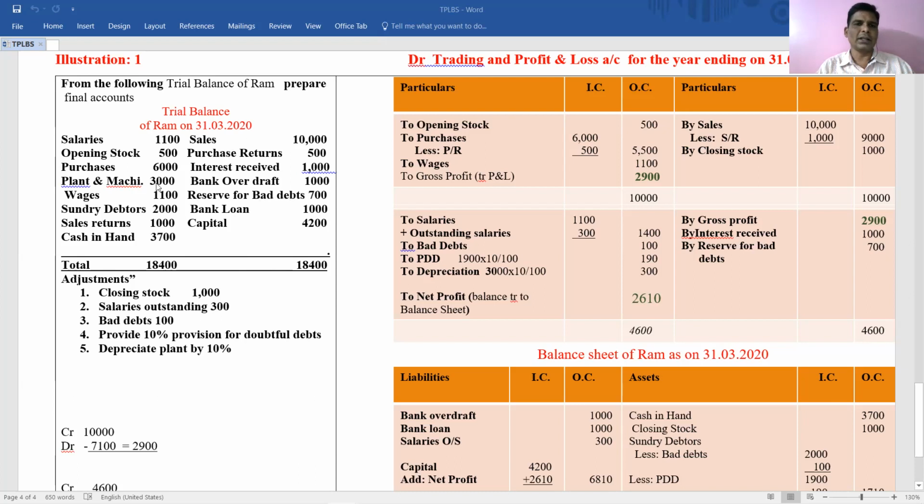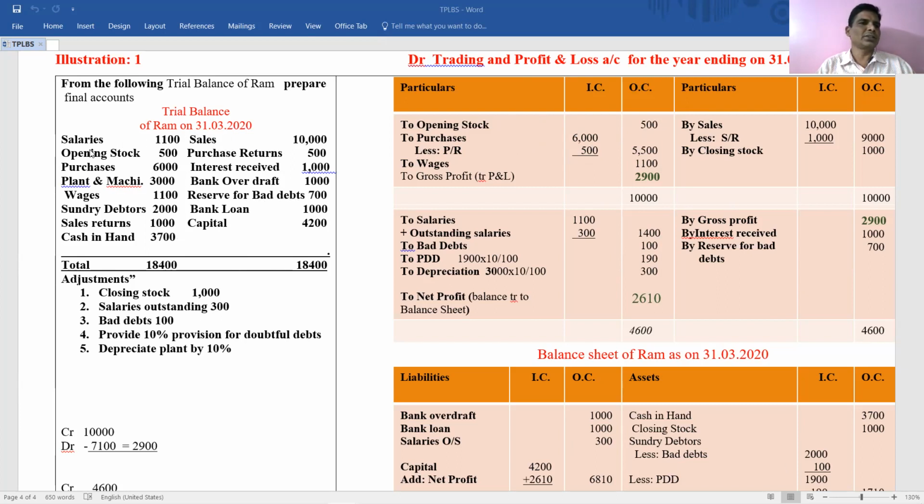You already know that every trial balance item appears only once in final accounts. Final accounts means the trading account, the profit and loss account, and the balance sheet. For example, salaries of 1100 appear only once.